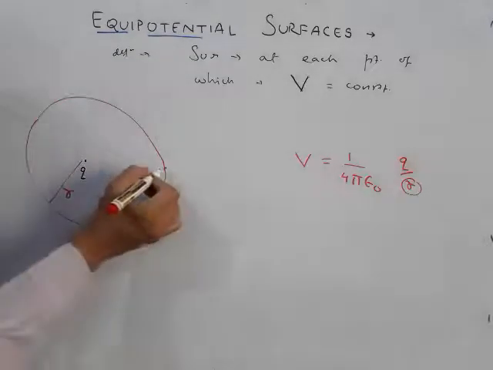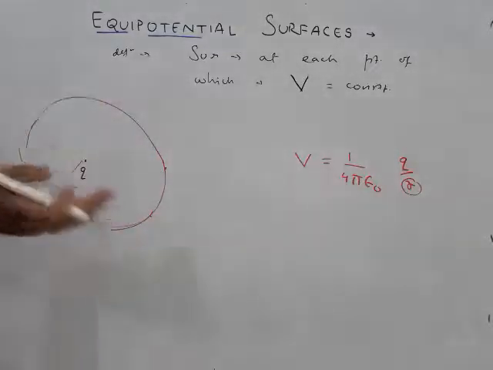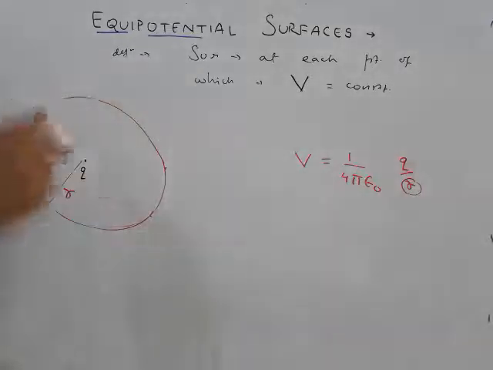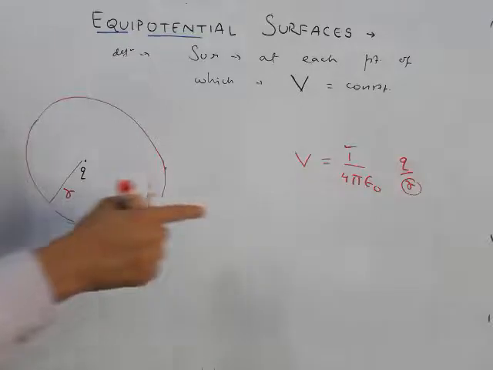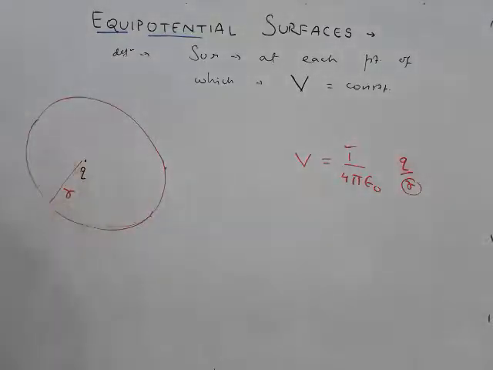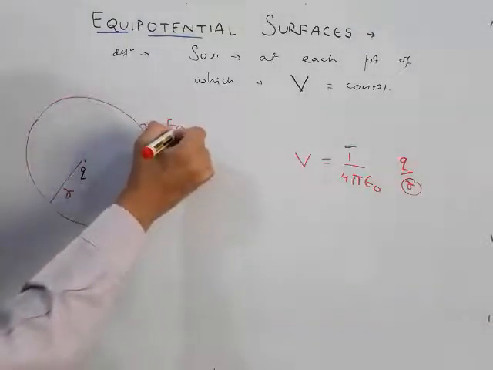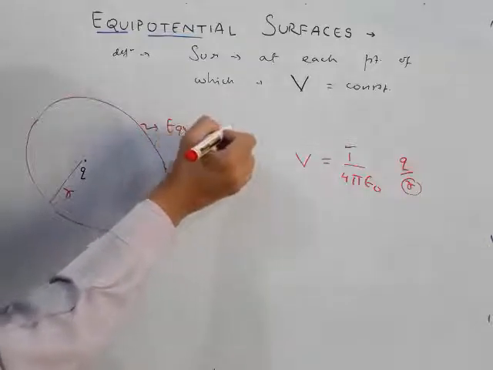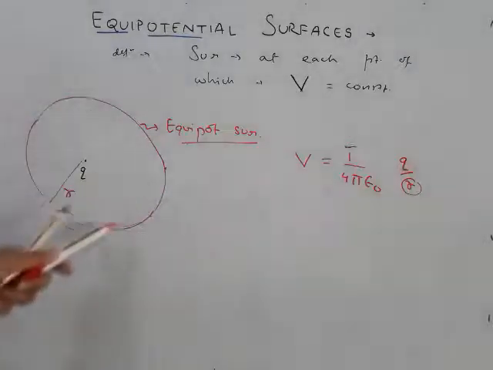Therefore I can say all the points on this particular spherical surface will have the same value of potential equal to 1 by 4 pi epsilon naught Q upon radius of this particular sphere. That's why this is an example of an equipotential surface. So for a point charge, the nature of the equipotential surface is a sphere.